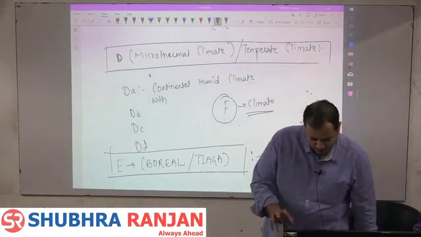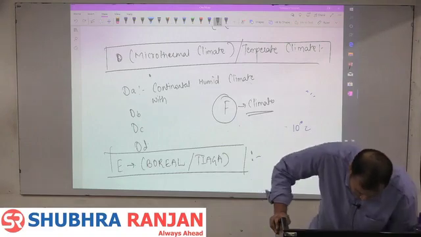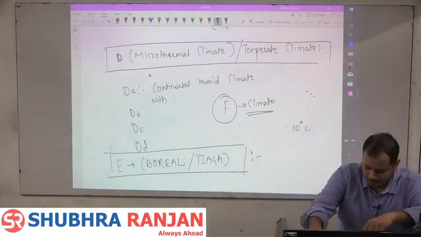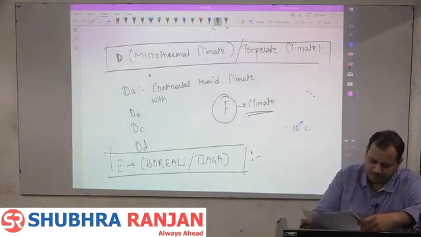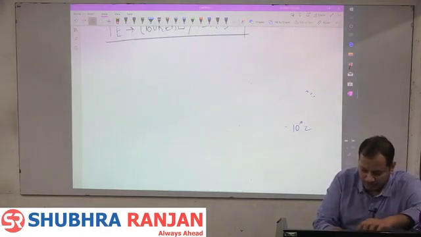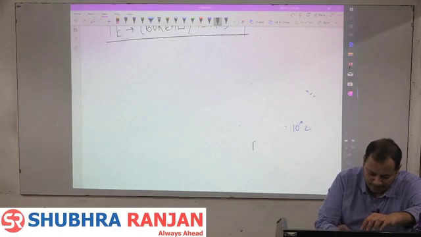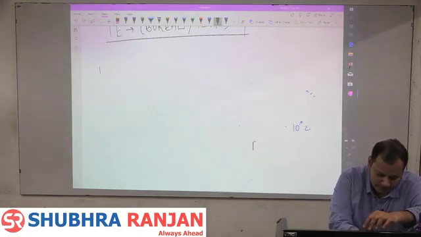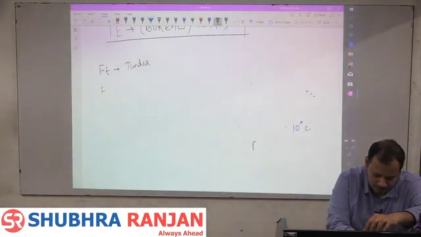On the basis of temperature variations, it is divided into FT, that is tundra, and FF, which is permanent ice caps.